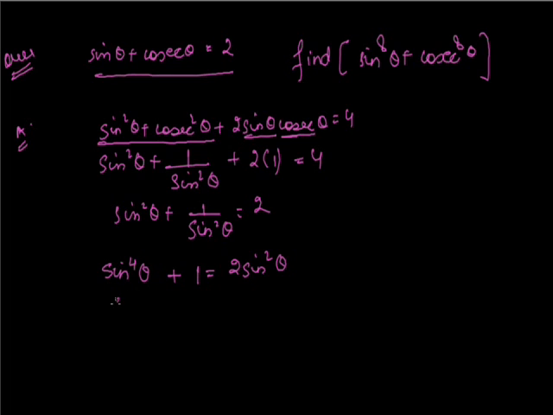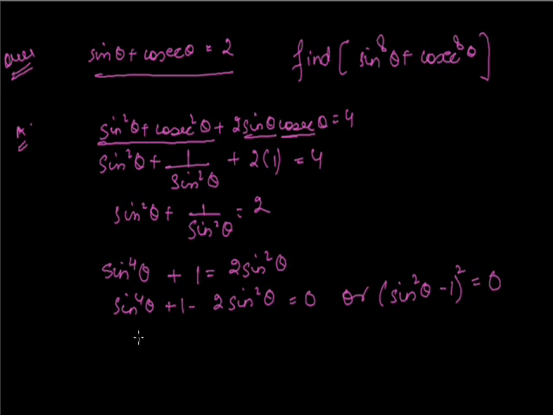Bringing it to the LHS side, it will become sin to the power 4 theta plus 1 minus 2 sin square theta is equal to 0, or I can say this, (sin square theta minus 1) whole square is equal to 0. So from this I got sin theta is equal to 1, and when sin theta is equal to 1, theta is equal to 90 degrees. So here I have obtained that theta is equal to 90 degrees.